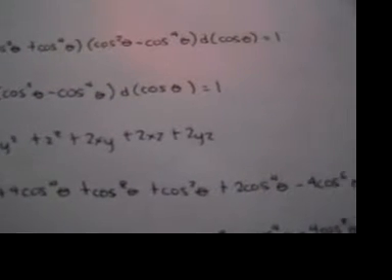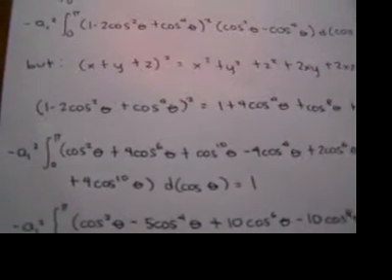So the square will be 1 plus 4 cosine 4 theta plus cosine 8 theta, and so on and so forth. I'm just going to proceed with scrolling of the video. Then inputting this, right there. What I just did is I incorporated the converted square of a trinomial and distributed the cosine squared theta minus cosine 4 theta here.